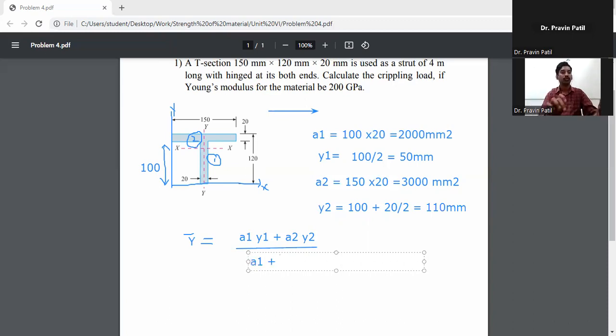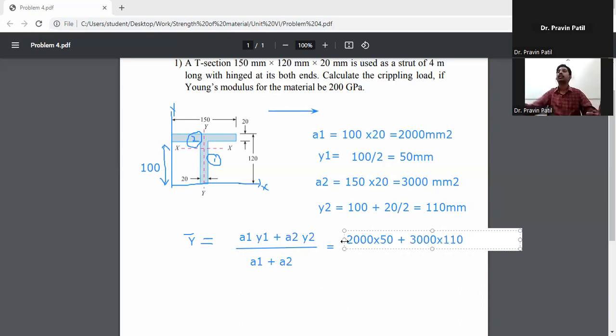A1 is 2000 mm square and Y1 is 50 mm, A2 is 3000 mm square and Y2 is 110 mm, divided by A1 plus A2, that is 2000 plus 3000.